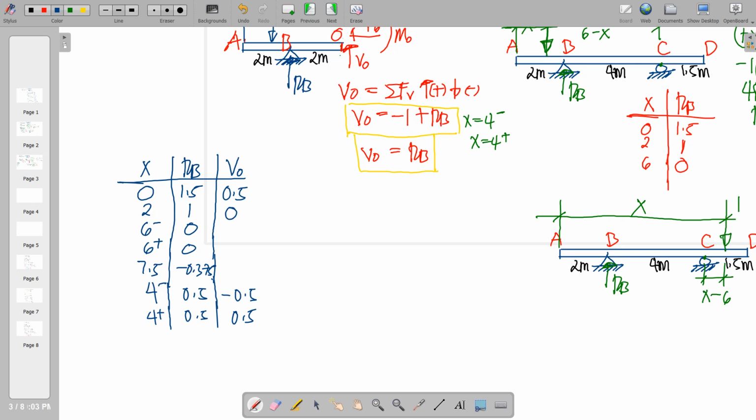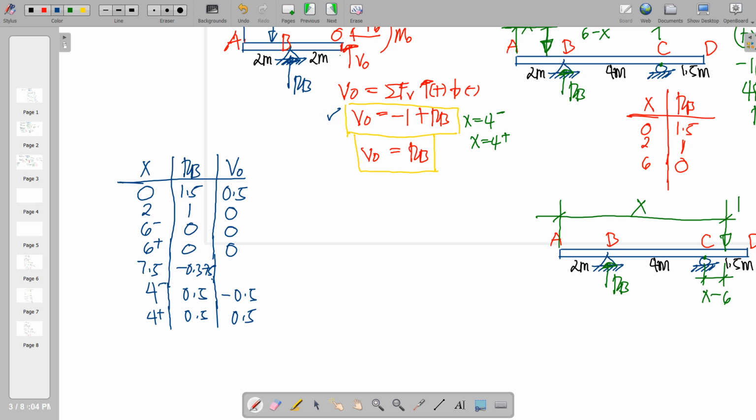It is implied that VO is equal to RB, so we just copy RB. That is 0 and 0. And then for a value of x equal to 7.5, 7.5 is exceeding your 4.